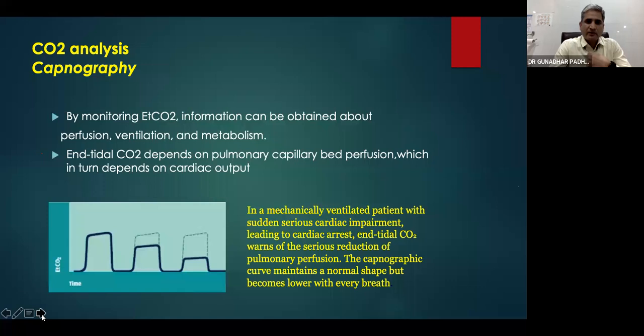So in a mechanically ventilated patient, when there is a sudden or serious cardiac impairment leading to cardiac arrest, your end tidal carbon dioxide significantly warns you that this patient is going to have an imminent cardiac arrest. Your end tidal carbon dioxide immediately goes from 50 to a level of 10 or 20.